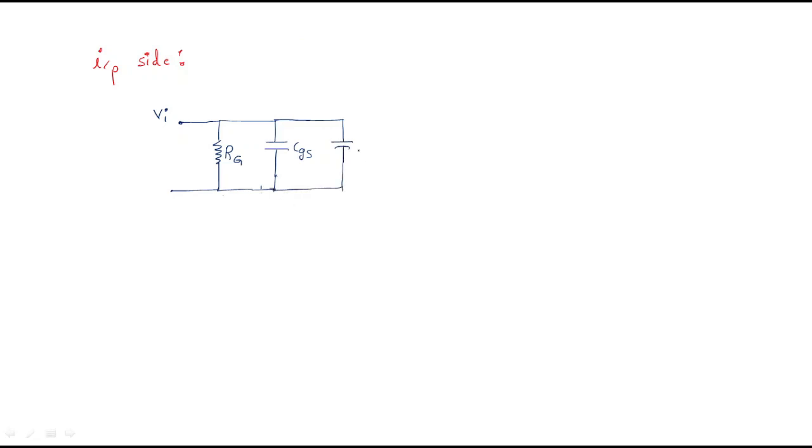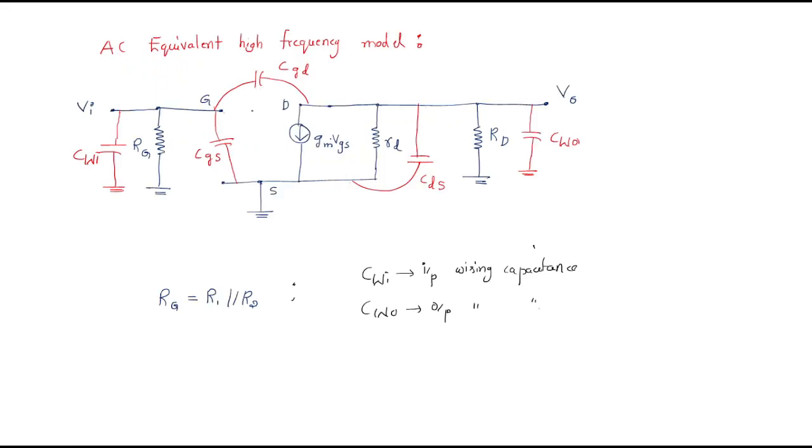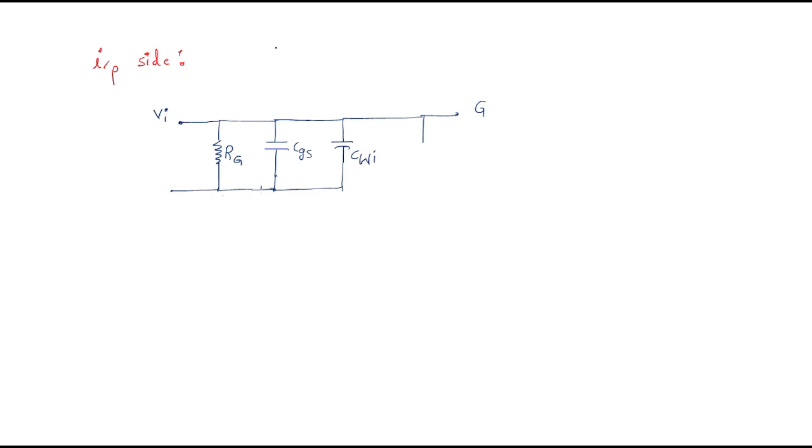And we can convert the gate-drain capacitance into another capacitance between gate and source, this capacitance is CMI, but CMI has a modification formula, and it is connected to ground here.